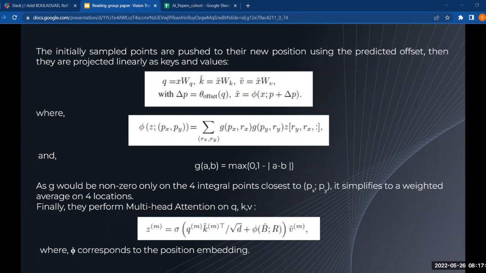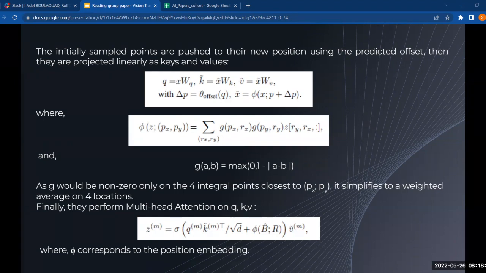So if we have 2 points a and b, g would be non-zero only on the 4 integral points closest. So it simplifies to the weighted average of 4 locations, which gives an exact value of a particular token in the input. Finally, they perform the multi-head attention on the offset we get, and k and v, keys and value pairs.